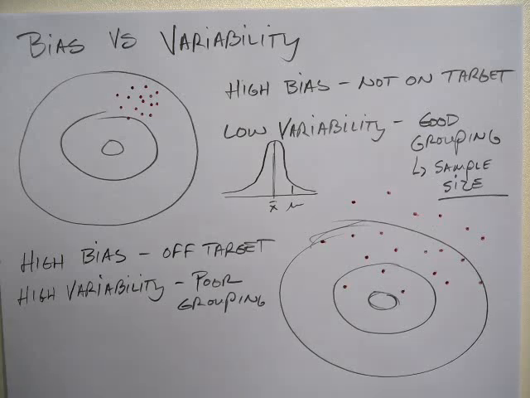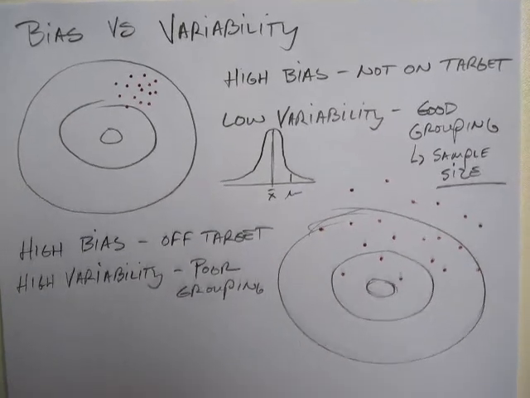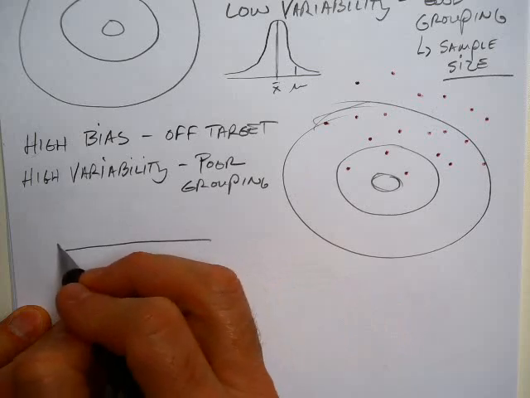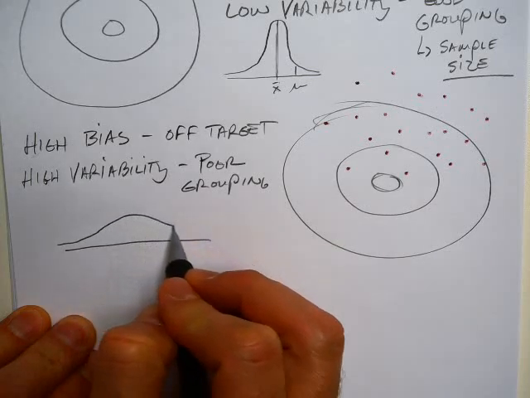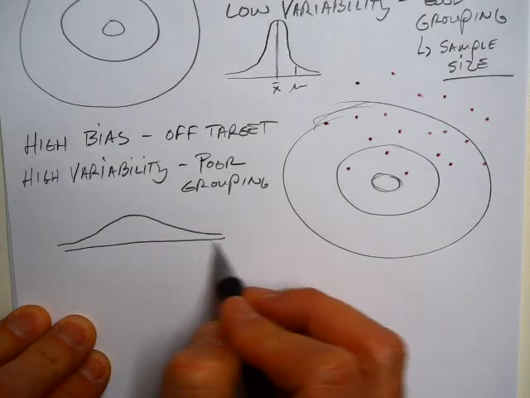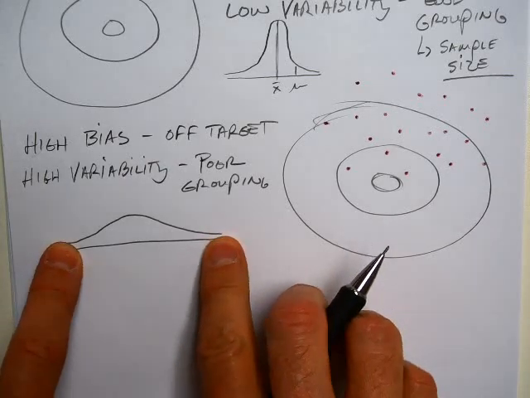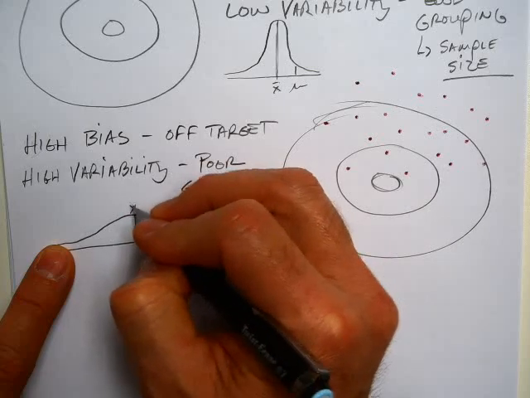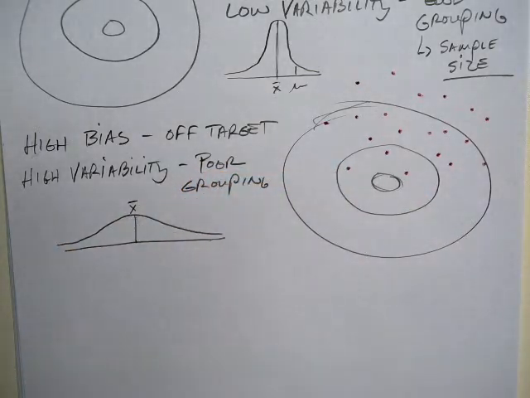Does that make sense? So this one would look a little bit different. This guy, high variability, very low normal curve. I've got data way out here. Here's my x bar. It's the middle of the curve, but I didn't hit the bullseye even once.